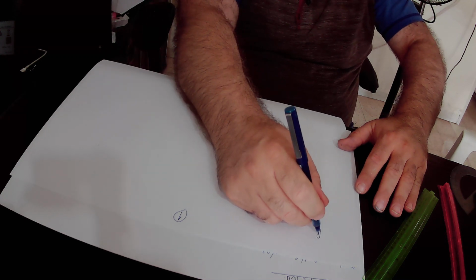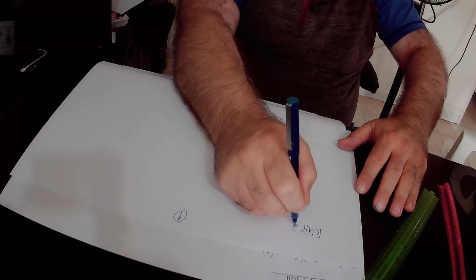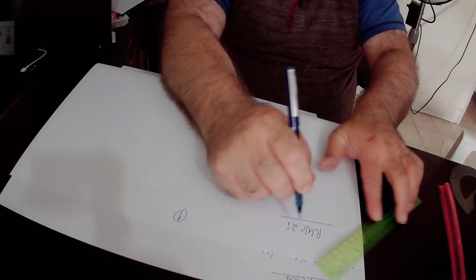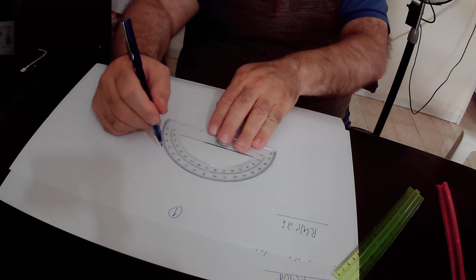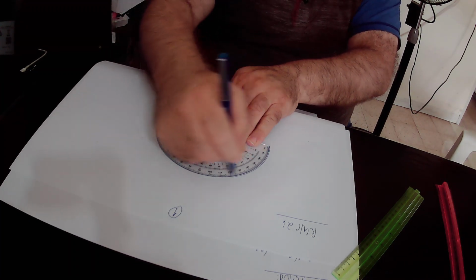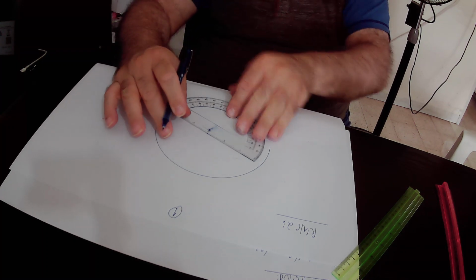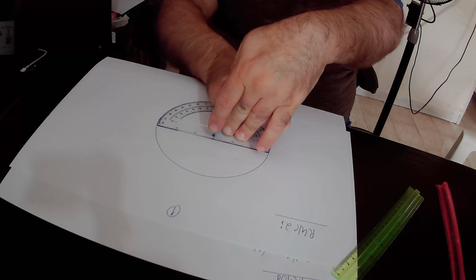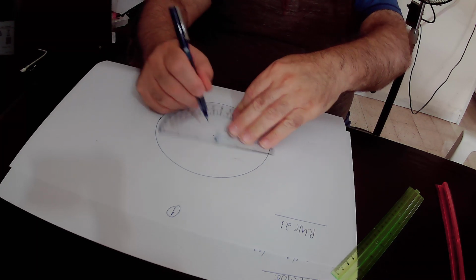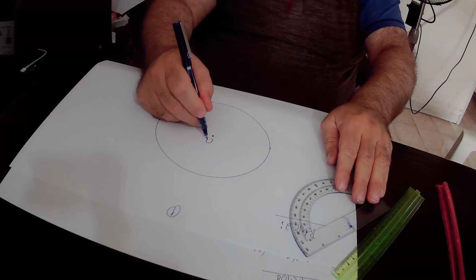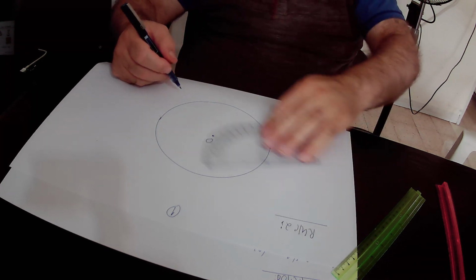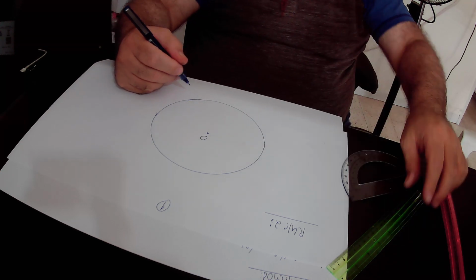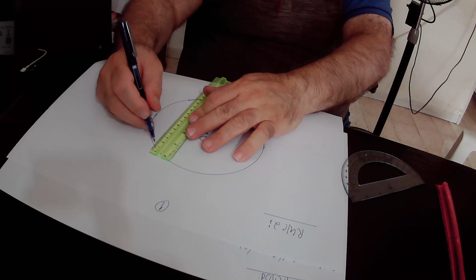According to the new rule, that will actually be rule number 2, we have a circle that could be any circle. The center of this circle is at this point that we will define as point O. And we have here chord BC.